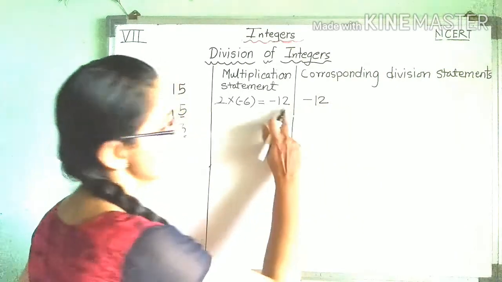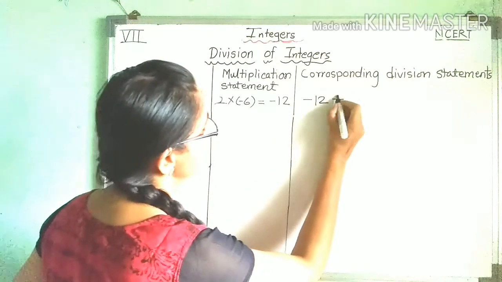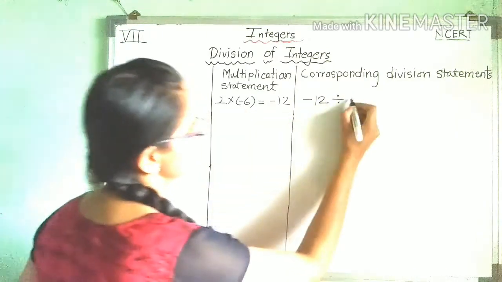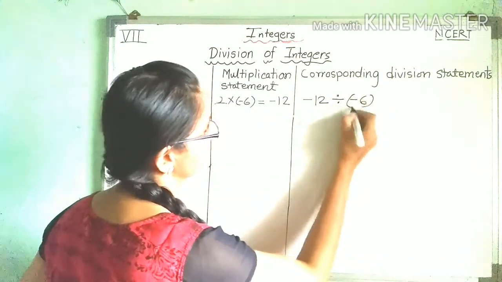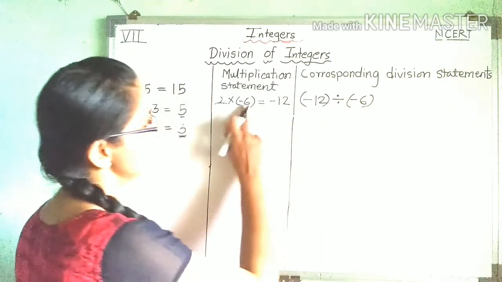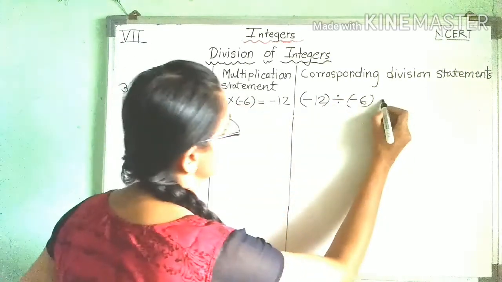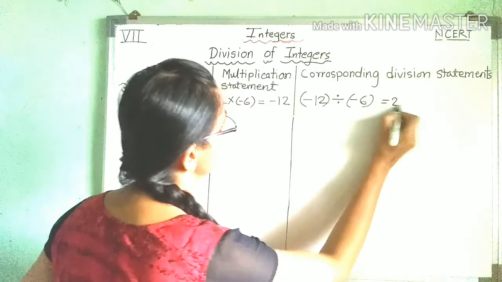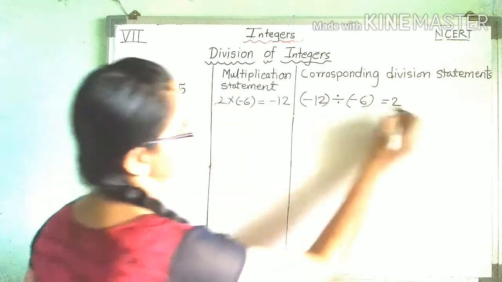Minus 12, that is this product, divided by minus 6. Minus 12 divided by minus 6 gives 2, that is this number.